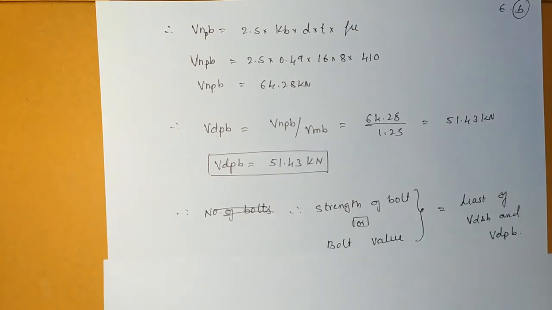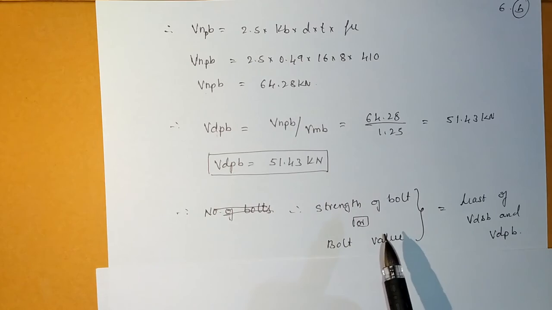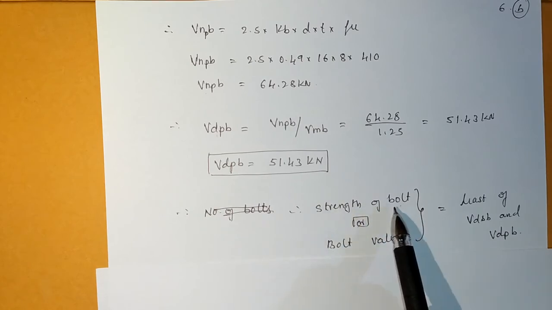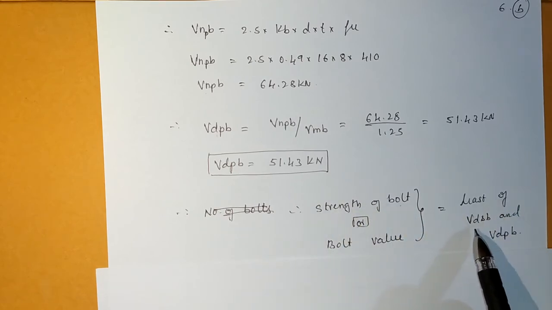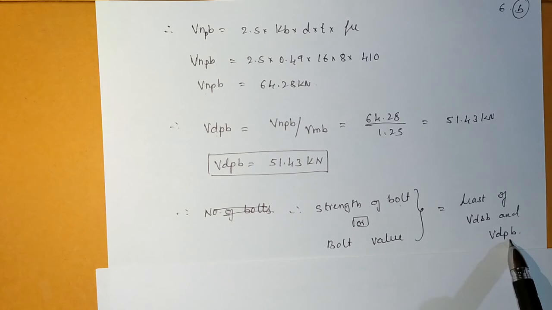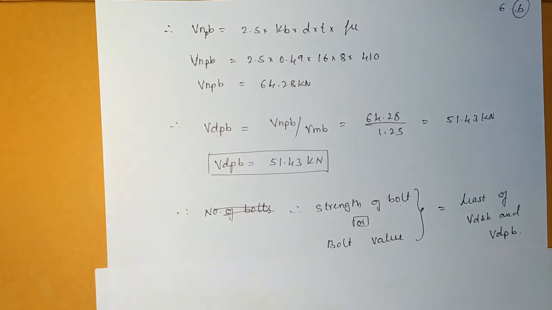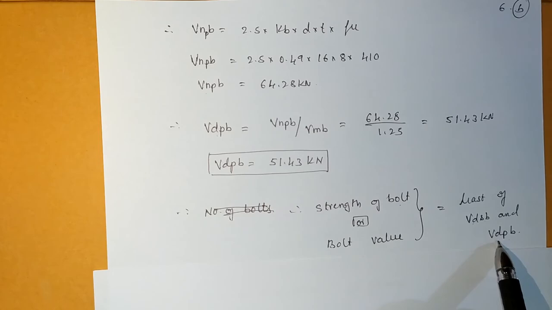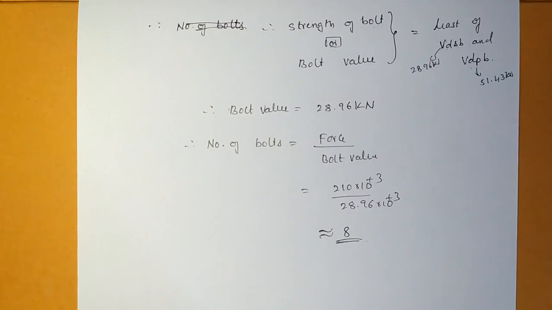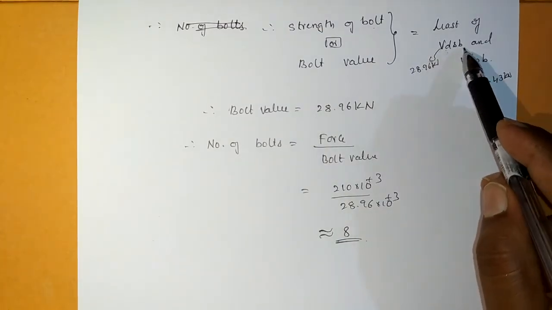Then we'll find out strength of the bolt. Strength of the bolt will be least of VDSB and VDPB. Smaller of these two values, design strength of bolt or bearing strength of bolt. The value of VDSB is 28.96 kilonewton.